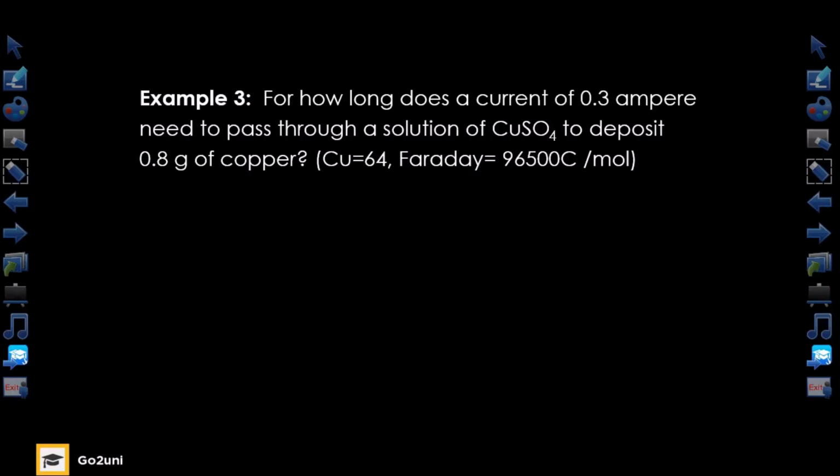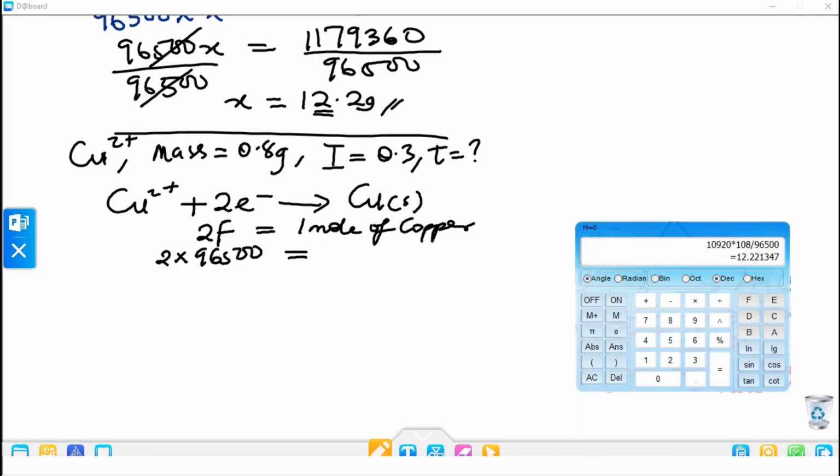And 1 mole of copper from the equation is 64, the relative atomic mass is 64. So we can say 64 grams. So can you see that? So from this equation, 2 times 96,500 coulombs of electricity has given us 64 grams of copper.